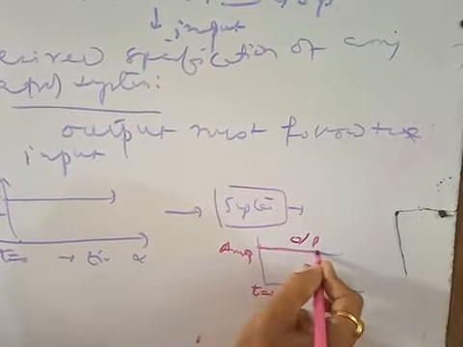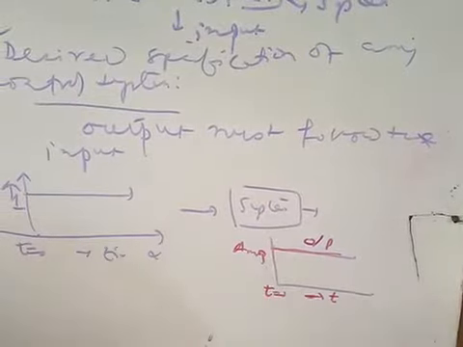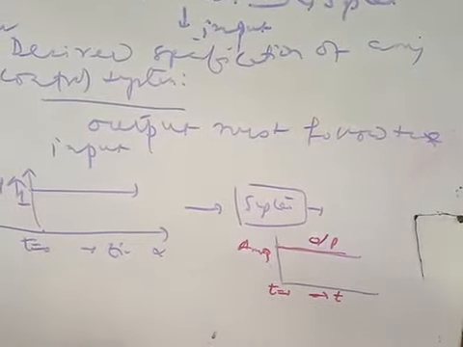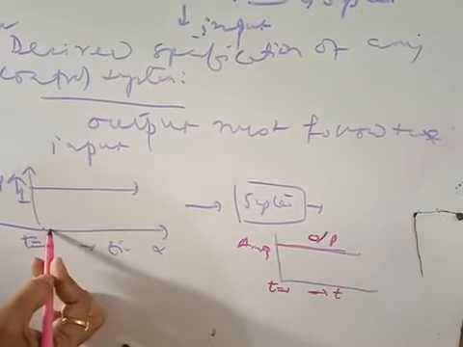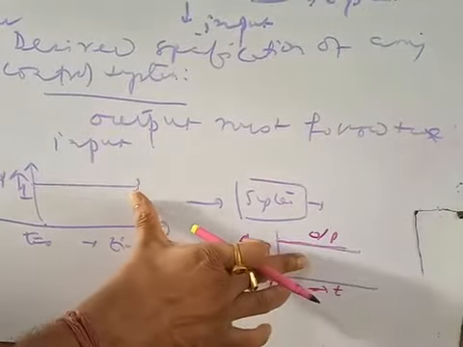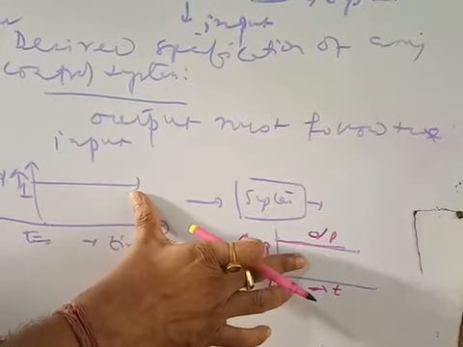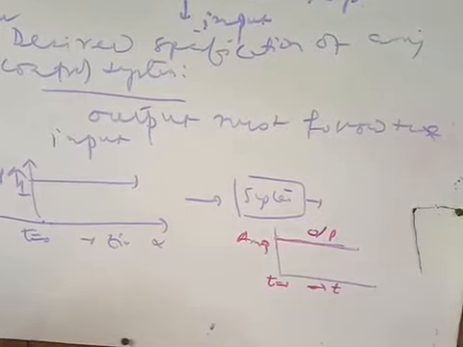Input and output must be the same in order for a system to be controlled. So output must follow the input, but in practice it does not resemble this. There is a difference between these two, but ultimately the aim is to get that output.